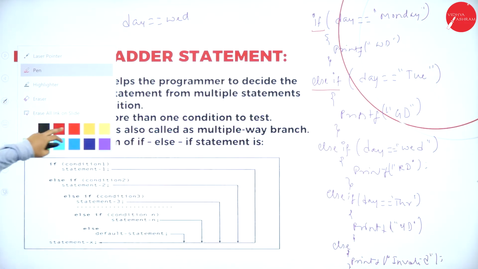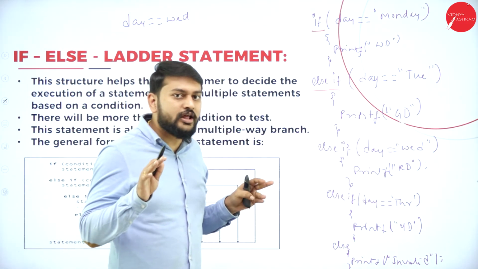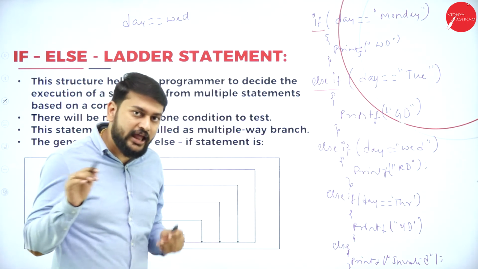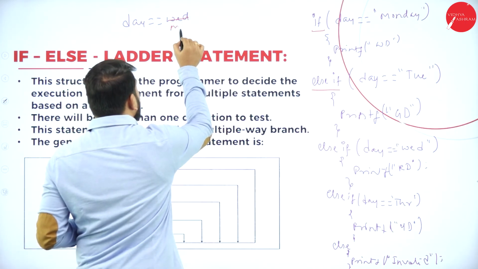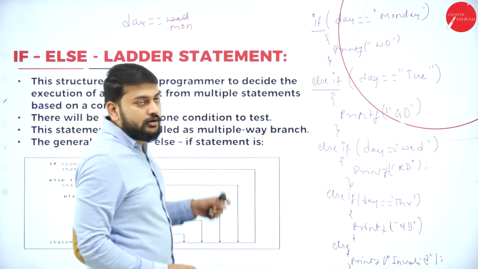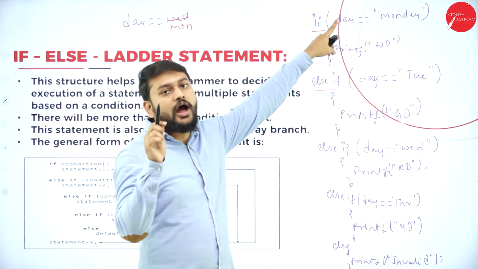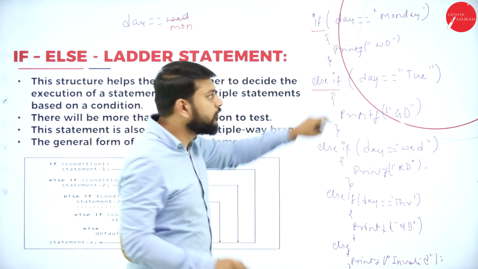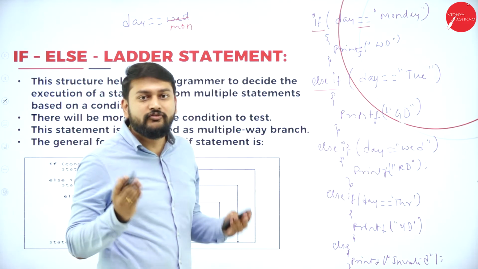What do you need to understand here? Please remember, let me mark it here. First, I will enter the day. Let me imagine the day I have entered is Monday. So what is the value of day now? Monday. Now I will start the execution. If day is equal to Monday, why do I write double equals? Double equals means I will be comparing the values.